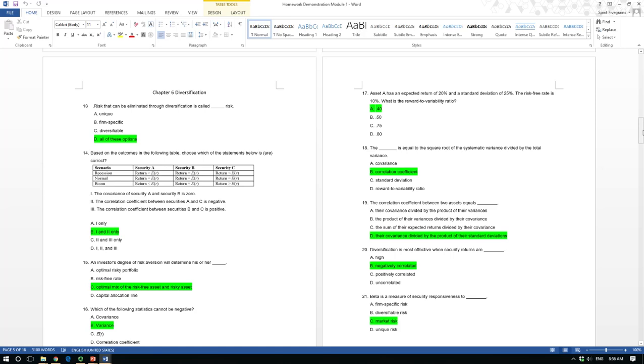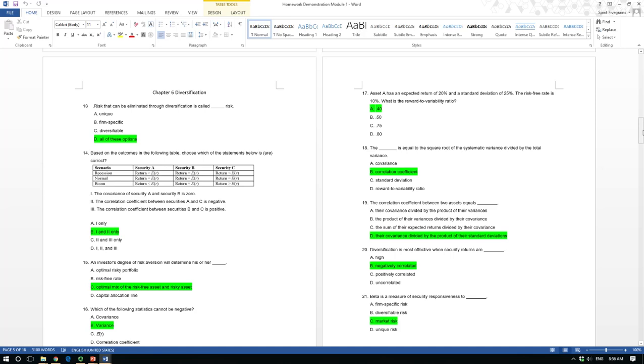I think here the covariance between security A and B being 0 is correct, because security B doesn't change at all, and it's a typical risk-free asset. And the covariance between any risky security and a risk-free security is 0. So the first statement is true. Second one, the correlation coefficient between A and C is negative.